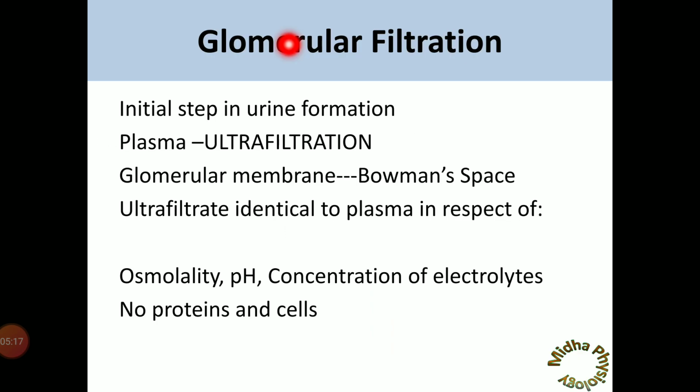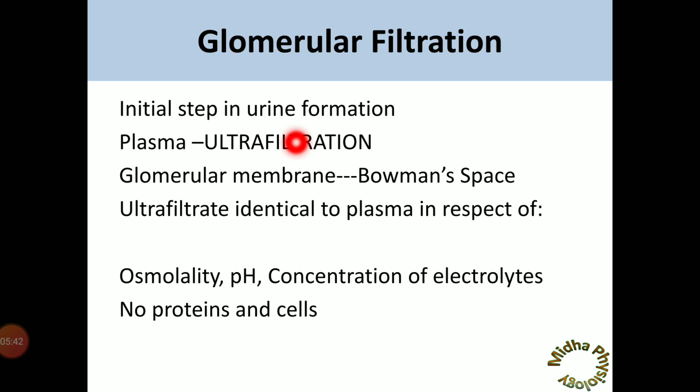So glomerular filtration is the initial step in urine formation, where the plasma of the blood is ultrafiltrated through the glomerular membrane. We know that this glomerular membrane has three layers: the fenestrated endothelium, the basement layer, and outside, the foot processes of the podocytes.